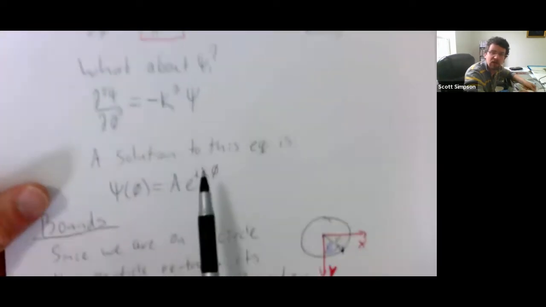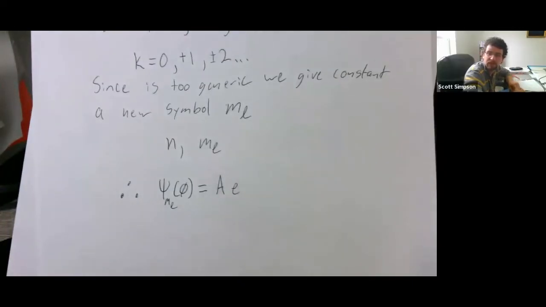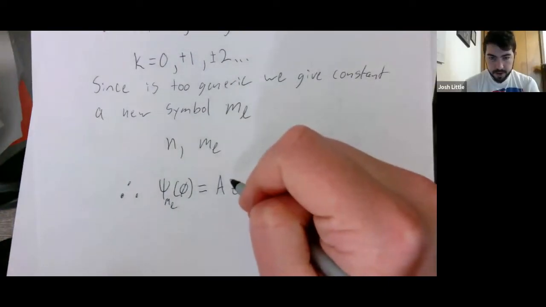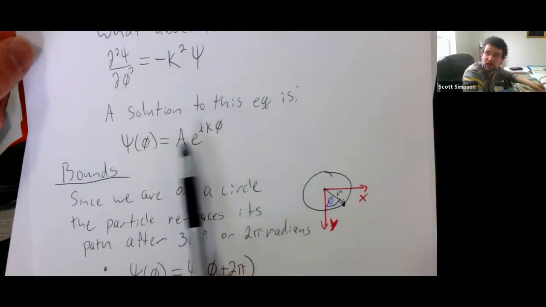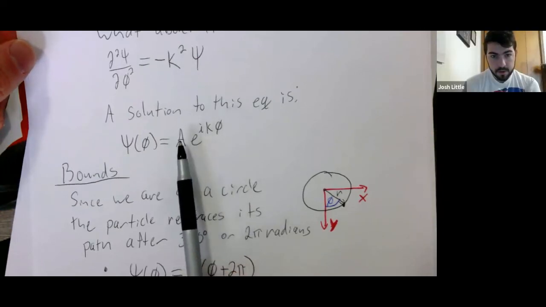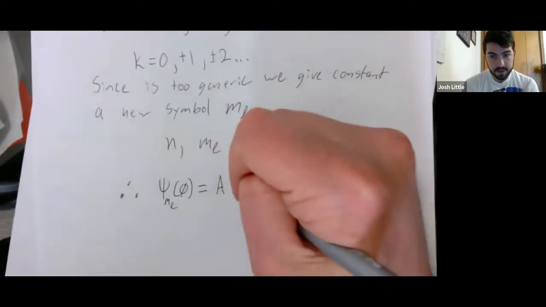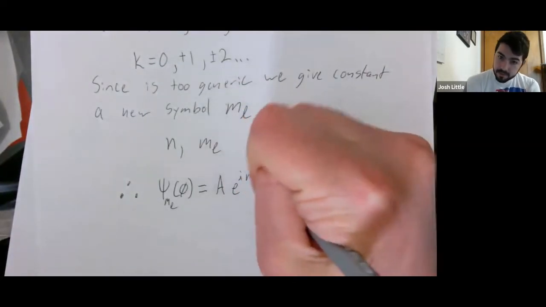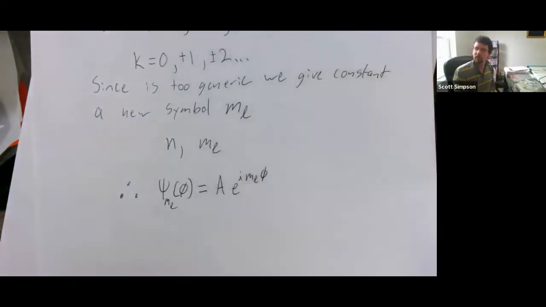That it has a generic form that looks like this, right? So what's ours going to be? We don't even need cosines. We're just going off of this one. We're making this one less generic now. So i m sub l phi, exactly. Okay, cool. So we have a form of our wave function.